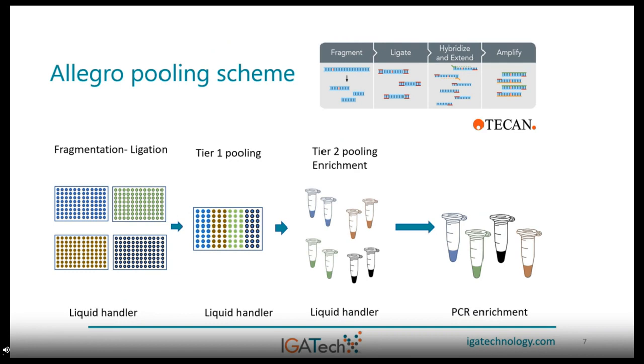The processing scheme of Allegro genotyping is pretty simple. You work on plates, so on a single-sample basis, for the very first two steps of the procedure, which are fragmentation and ligation of adapters. The ligation of adapters carries the first molecular barcode that tags each individual sample within the plate. Then there is a pooling scheme with a two-tier approach, which leaves you with a single tube per plate.